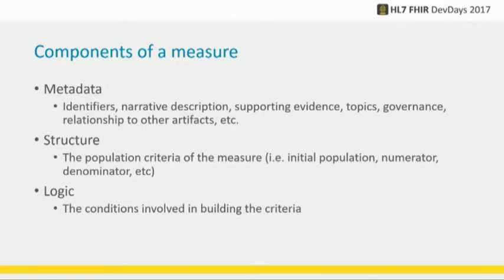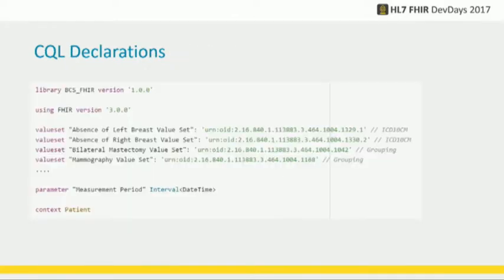So within a particular measure, the logic is represented using CQL. We have libraries that describe the terminologies involved. You'll see the parameter indicates the measurement period. Typically when you run a quality measure report, you're giving it for a particular range, a given year or maybe a quarter.